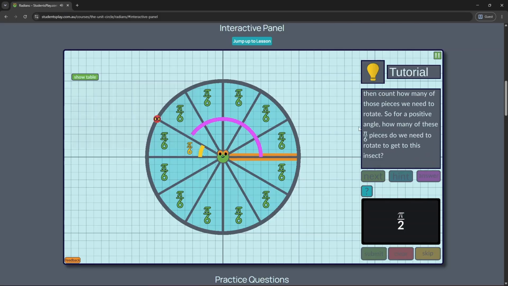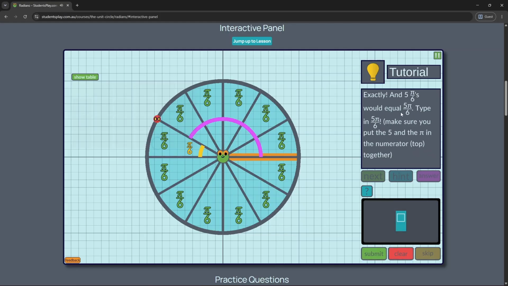So for a positive angle, how many of these pi on 6 pieces do we need to rotate to get to this point? We'll go 1, 2, 3, 4, 5. And 5 pi on 6s would equal 5 pi on 6. Type in 5 pi on 6, making sure you put the 5 and the pi together in the numerator on the top. So 5 pi over 6.